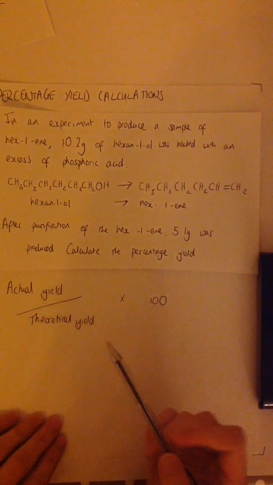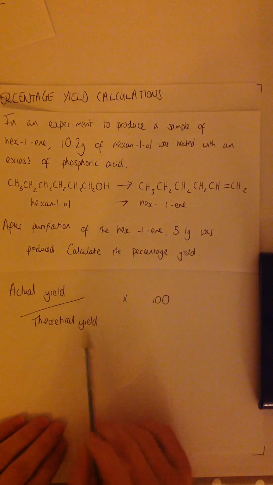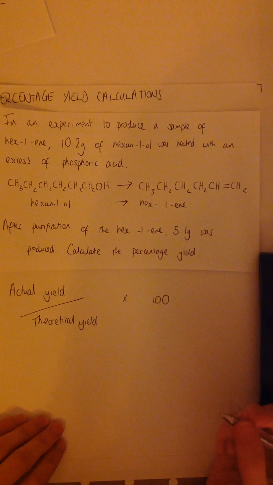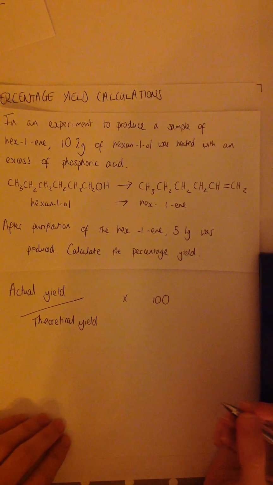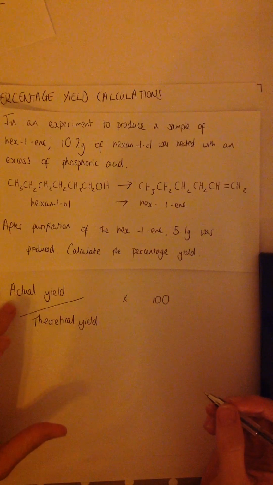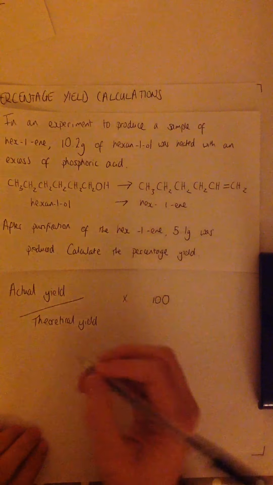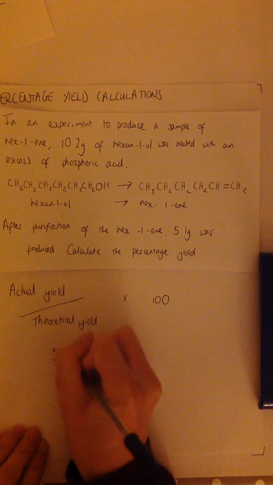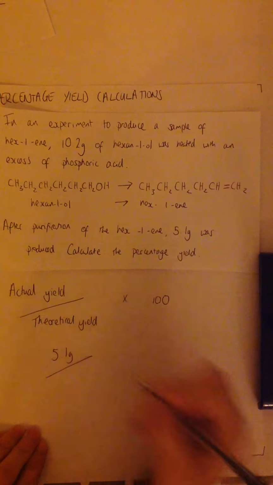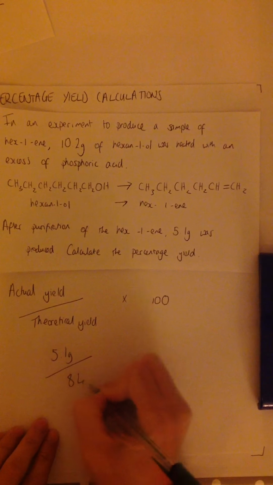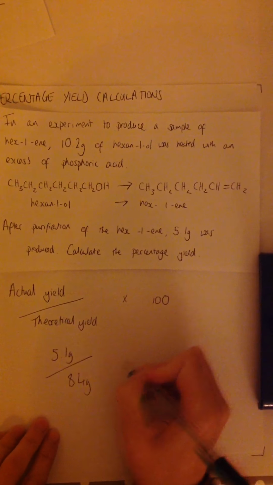We take the actual yield, divide it by the theoretical yield, and multiply this by 100 to convert it into a percentage. So with our numbers, the actual yield that is given is 5.1 grams. The theoretical yield which we calculated is 8.4 grams.